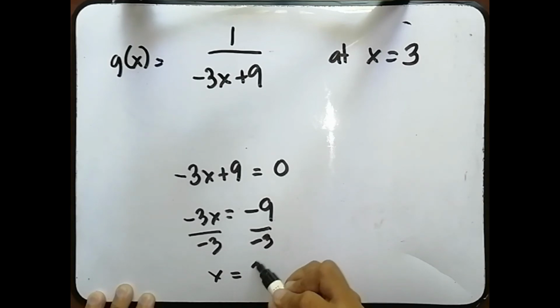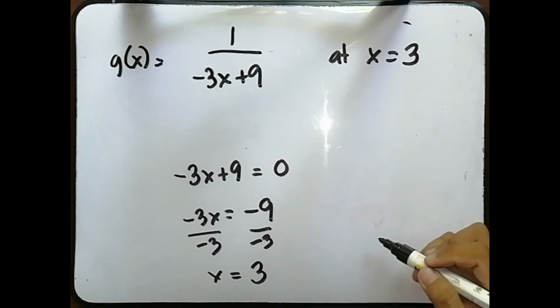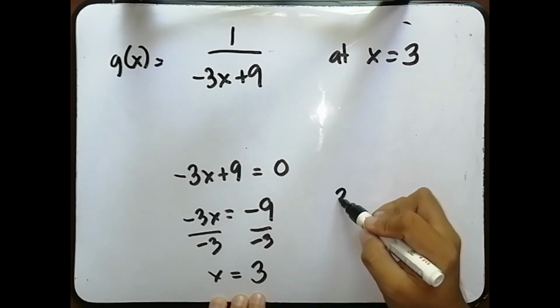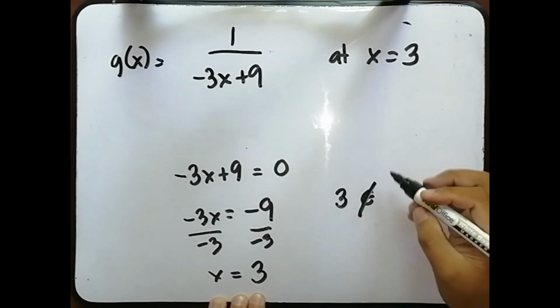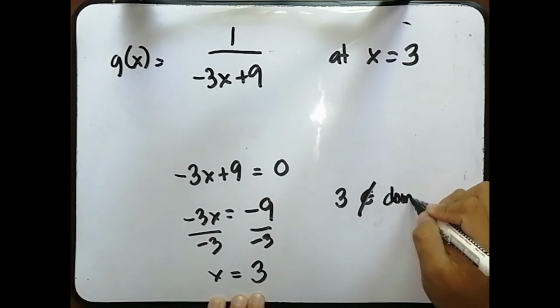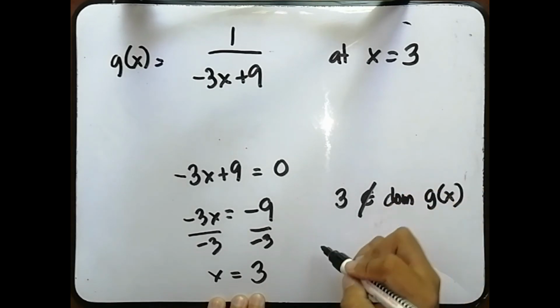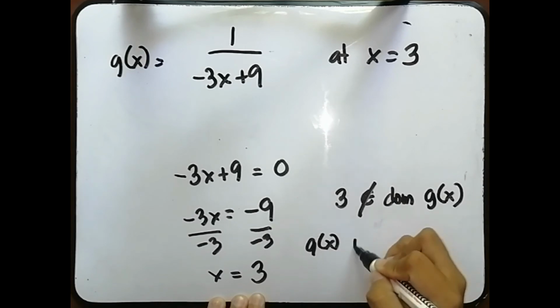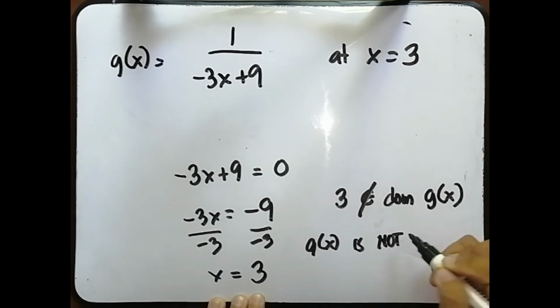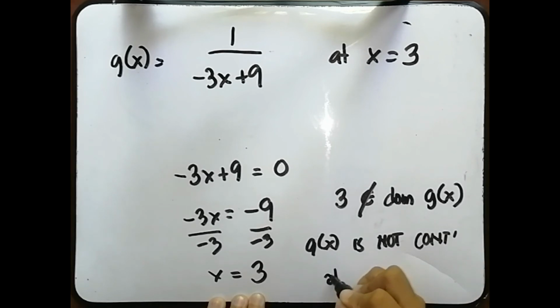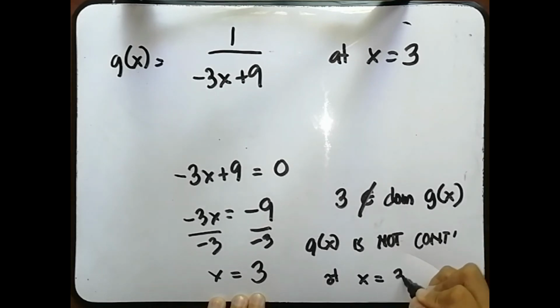X equals 3. This means that 3 is not an element of the domain of g of x. Therefore, anong conclusion natin? G of x is not continuous at x equals 3.